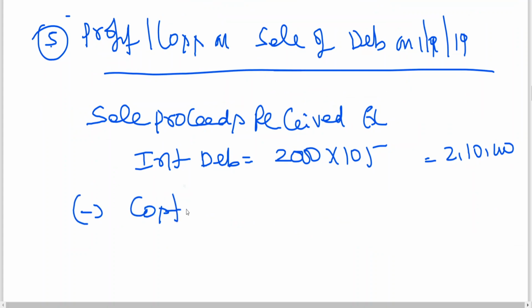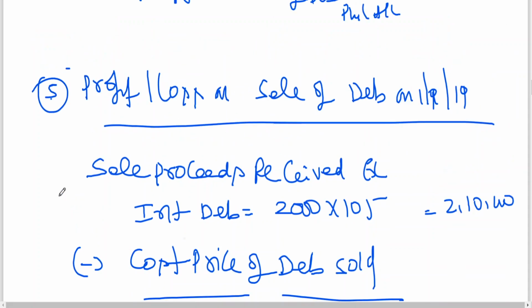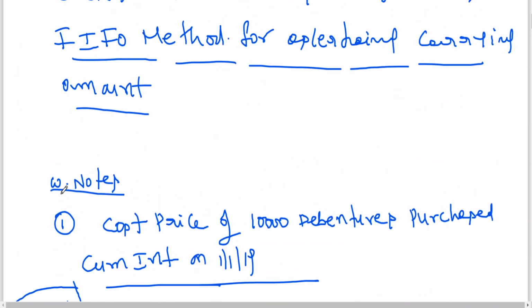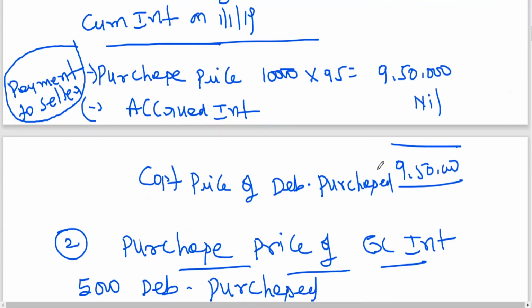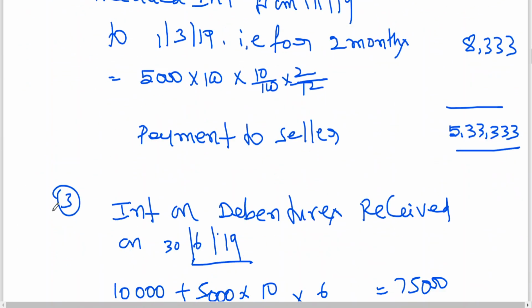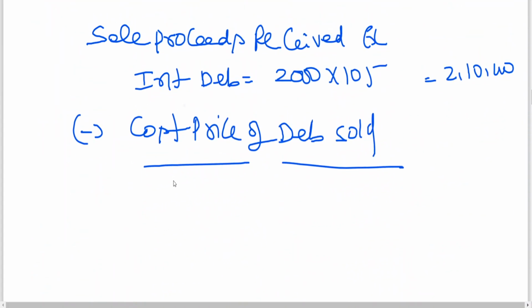Minus cost price of debentures sold. So the cost price we have seen initially in working notes number 1. Cost price 9,50,000. From that lot only you are selling it. 9,50,000 is on how many debentures?